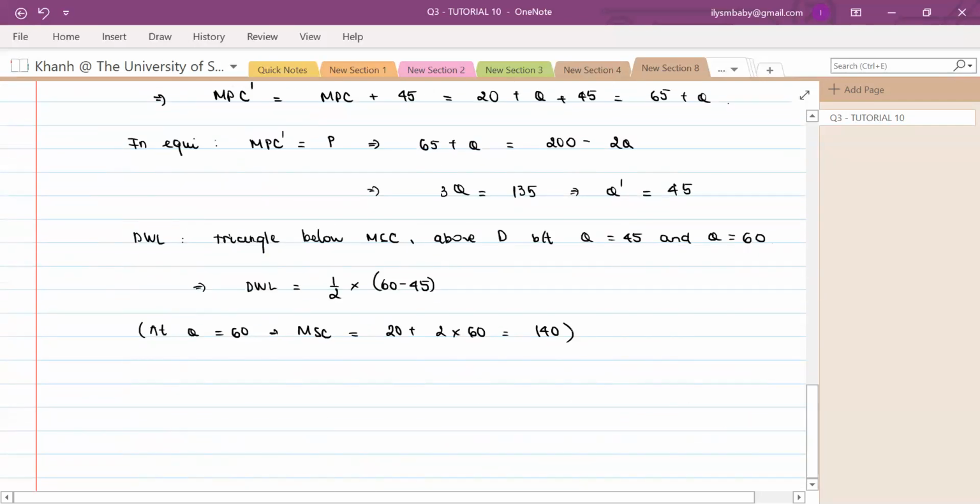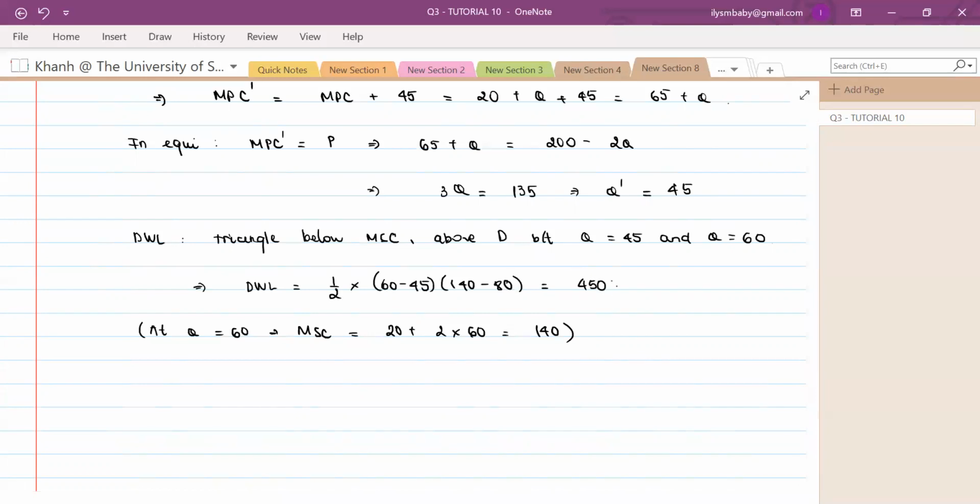So it's 140 minus 80, that's 60. And so the deadweight loss in this case is 60 times 15 divided by 2, which gives you 450. So this is the deadweight loss that is going to be incurred in the economy if the government doesn't impose any tax to correct the externality.